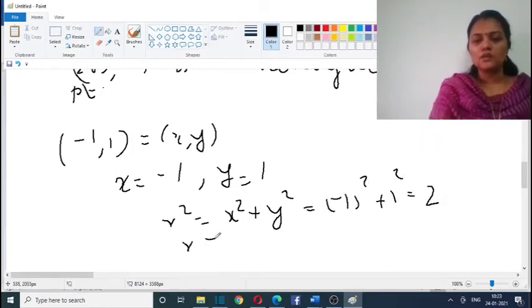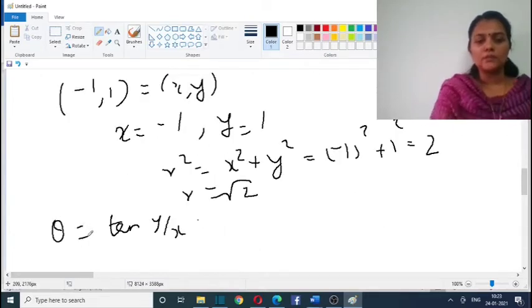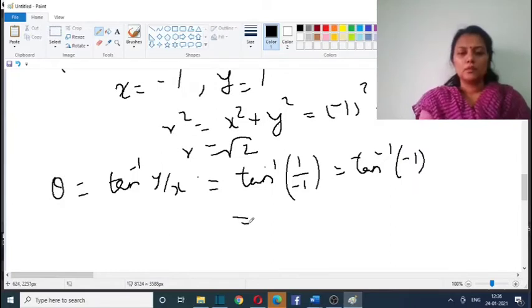So r is equal to root 2. Now theta is equal to tan inverse y by x, which is tan inverse of 1 by minus 1.